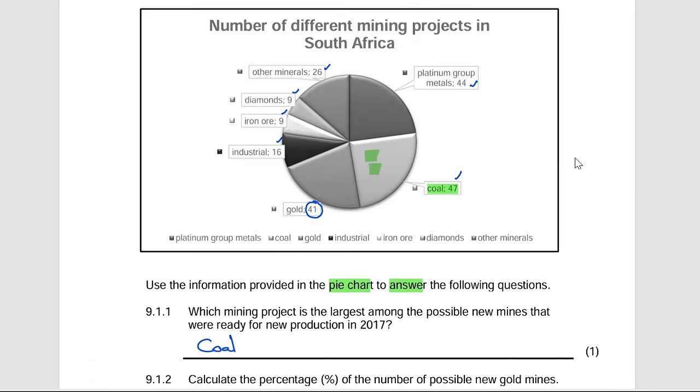So let's quickly do the math. If I start with 44 plus 47 plus 16 plus 9 plus 9 plus 26, plus 41, we're going to get a total of 192.